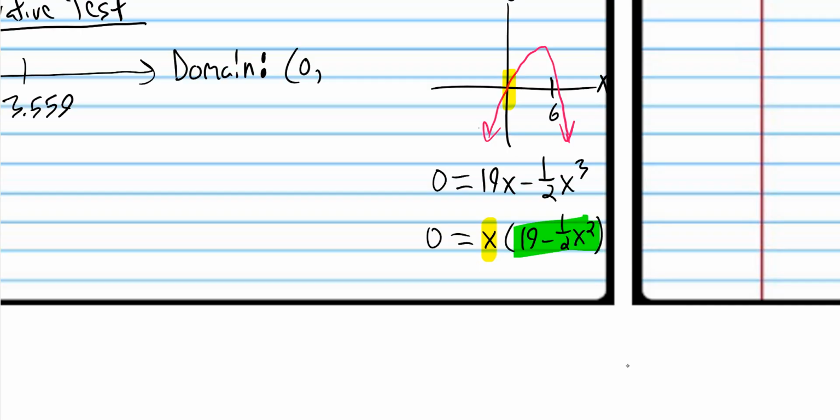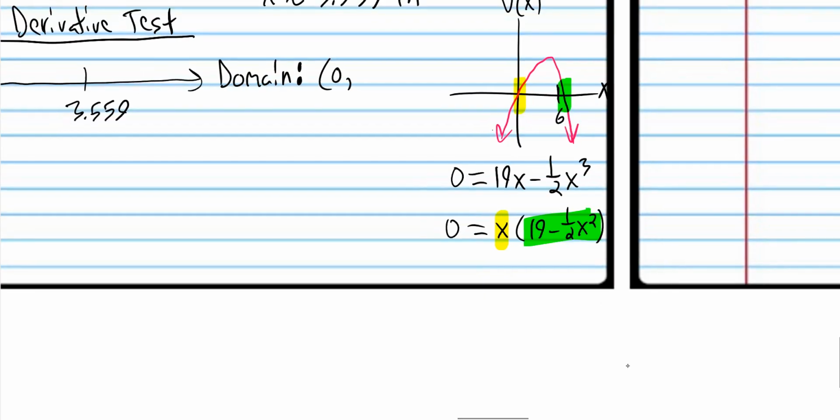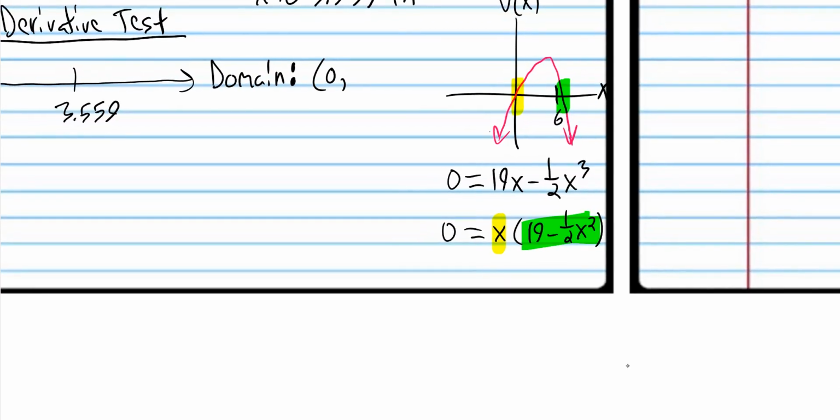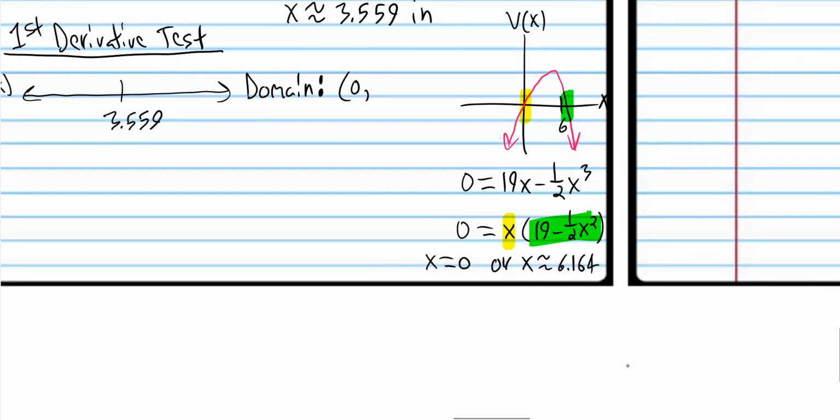I'm not going to do that because it's just going to take too much time. But I will solve that in my calculator, so you can see what that number is. Looks like it's going to be 6.16, roughly, and we'll just highlight that.